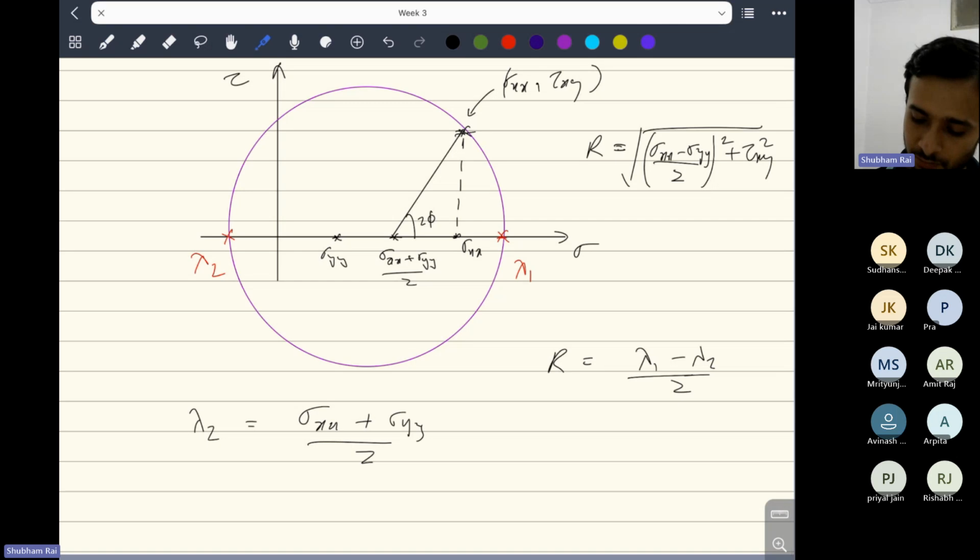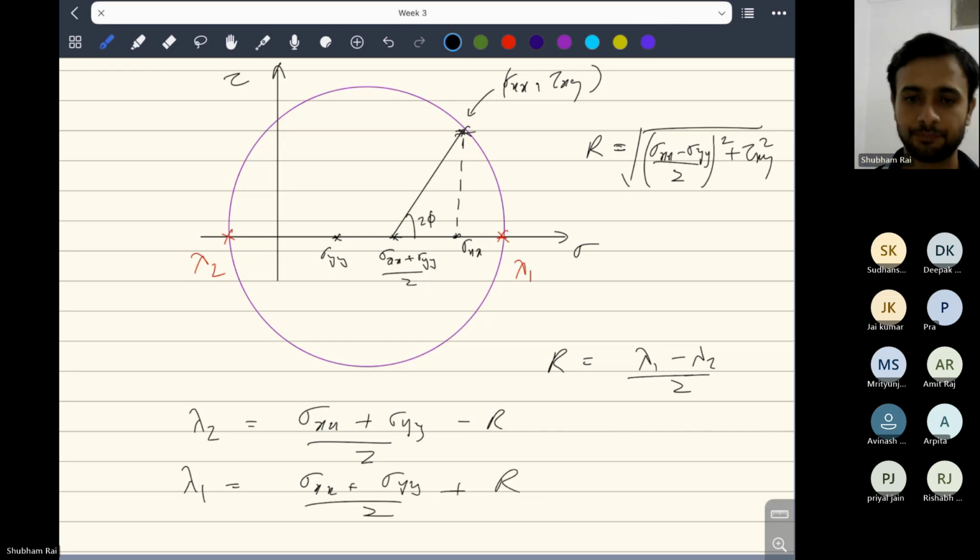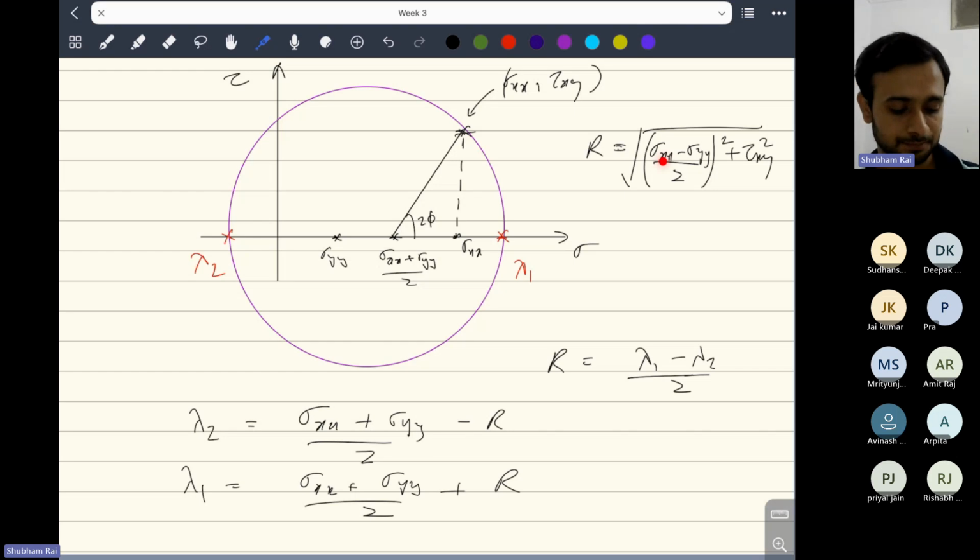From the center, if you subtract the radius, you will get lambda 2, and lambda 1 will be center plus radius. And the radius you already have in terms of sigma xx and sigma yy. This is all about the recapitulation of the lectures.